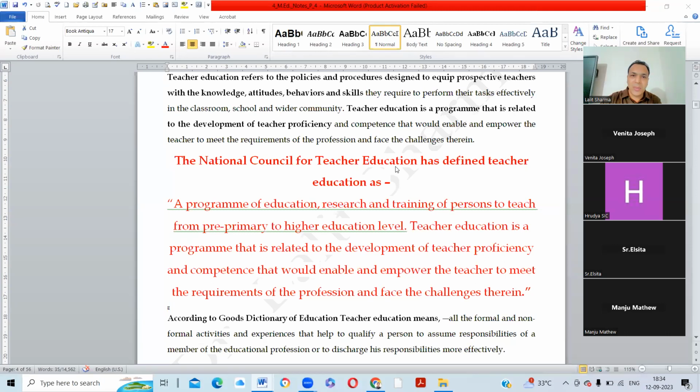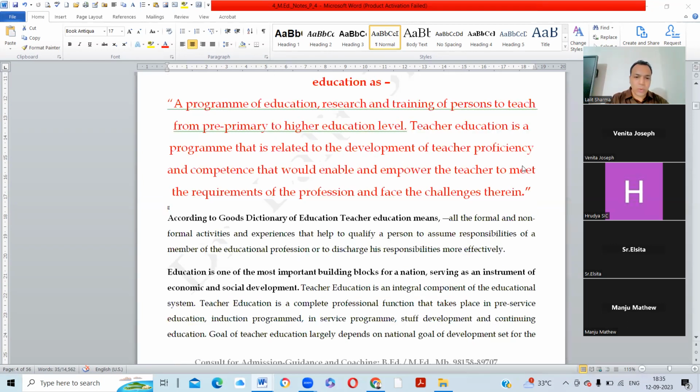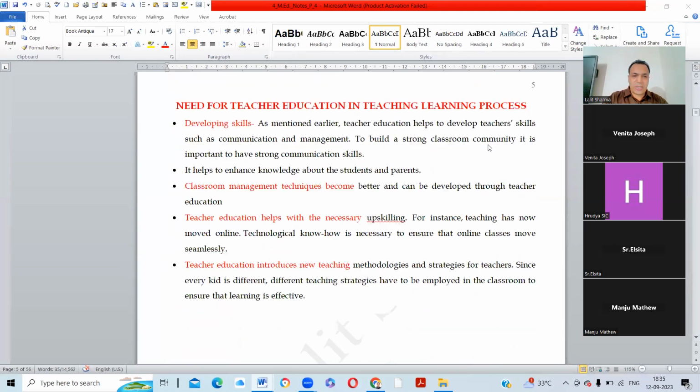So up to 2014, but after 2014, it has become mandatory in India. If you have to teach from pre-primary to a higher level, you have to undergo the teacher education programs. What are the teacher education programs? Either ETT, diploma in education, B.Ed, bachelor in education, or M.Ed, master in education. Right? So, okay, teacher education is clear.